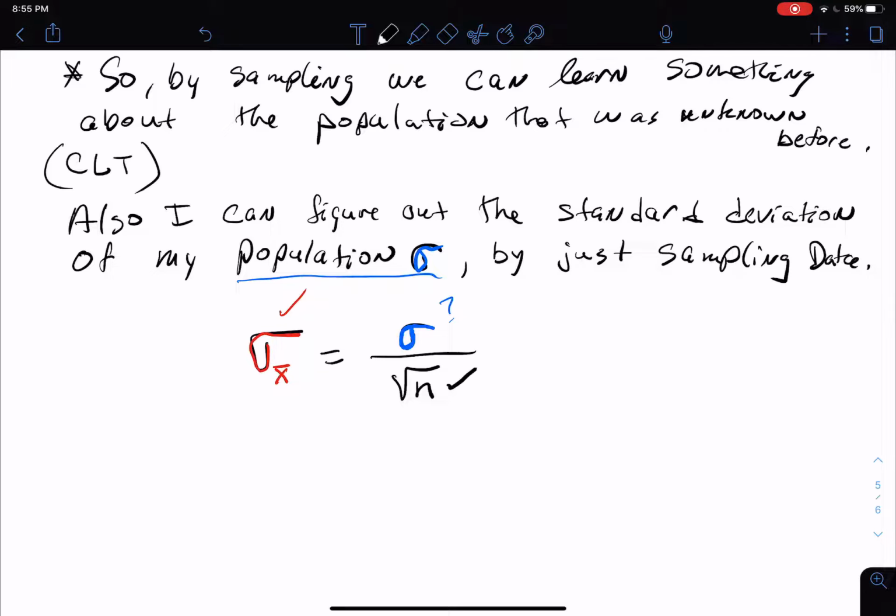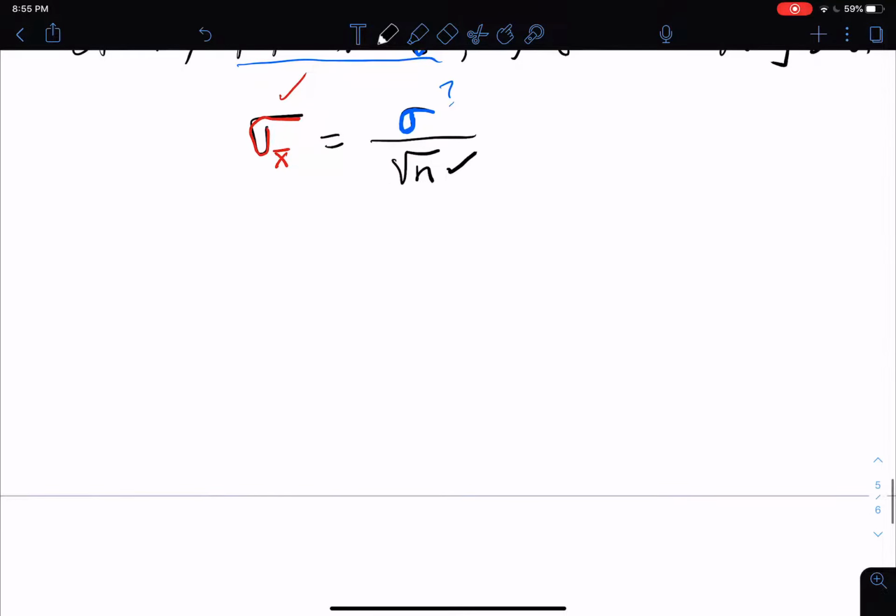Let's talk about the central limit theorem a little bit more, because it does take a little time to get down. Let me just start a new page.